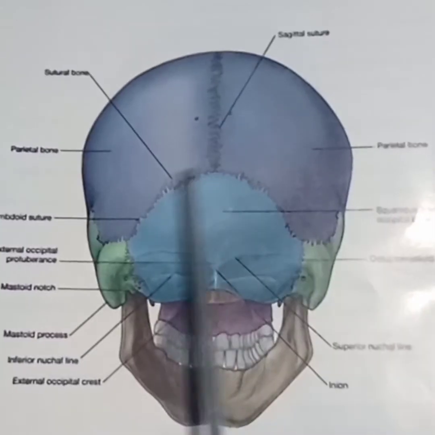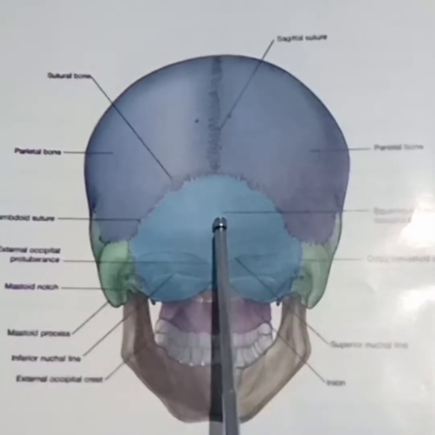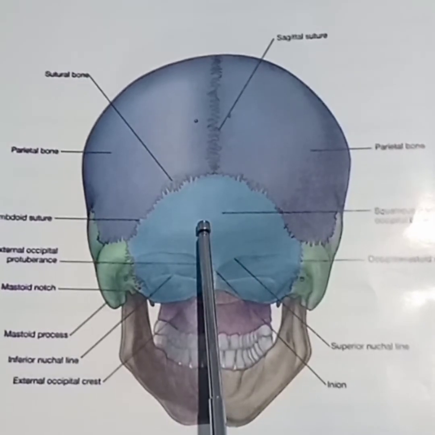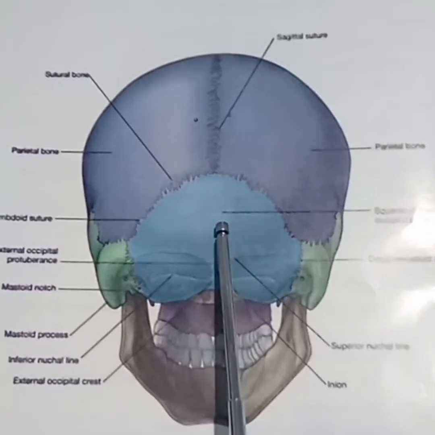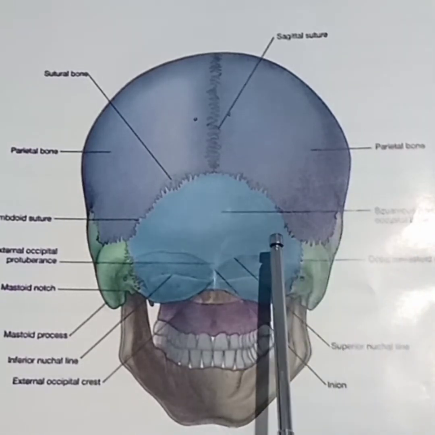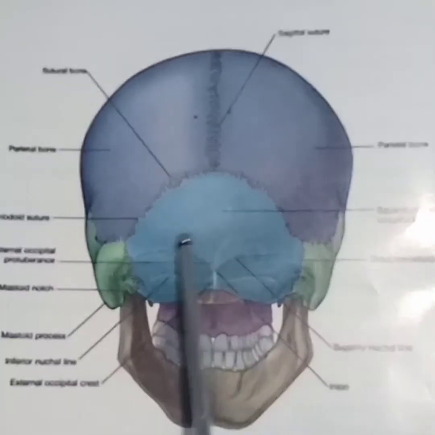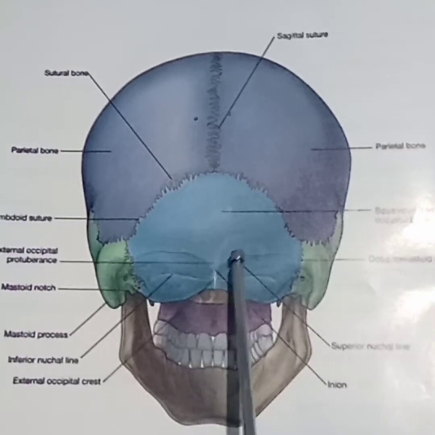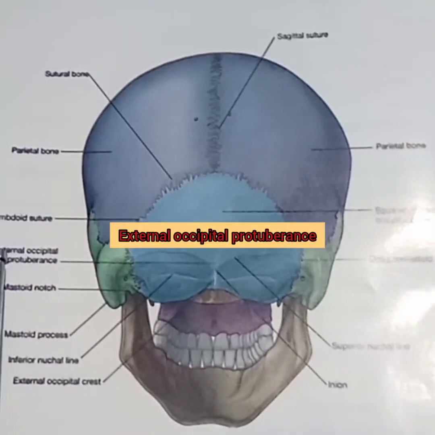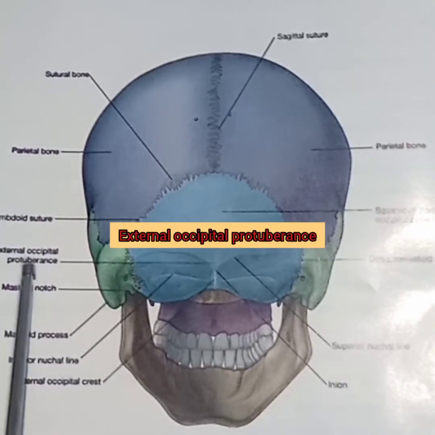Then, when we descend to the occipital bone, we notice that this part of the bone is smooth and flat. So it will be named squamous part of occipital bone. Squamous means flat. At the center of the occipital bone, there is a prominent elevation. This elevation is named external occipital protuberance.